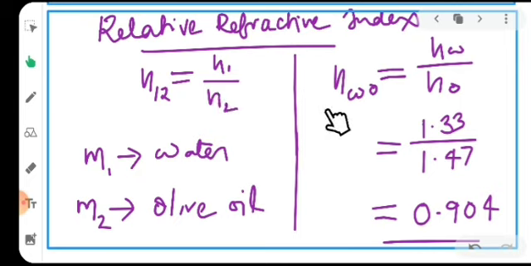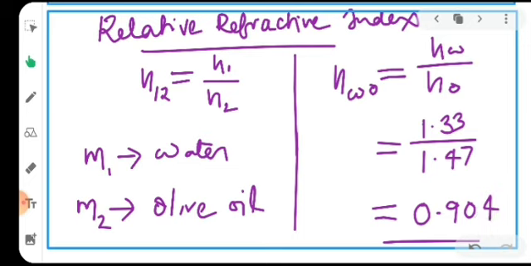In a similar fashion, with our given abbreviations, let me show you how this works. You want to find the relative refractive index of water with respect to olive oil. It's just the refractive index of water over the refractive index of olive oil, 1.33 over 1.47, which is approximately equal to 0.904.